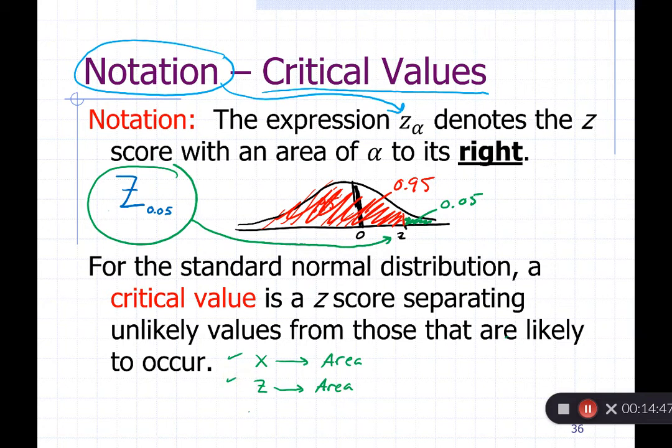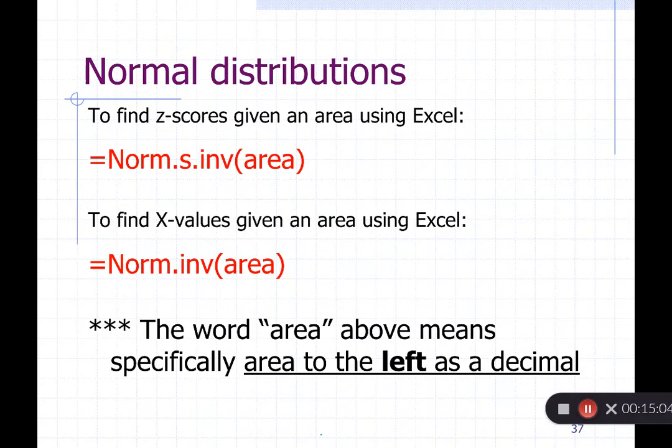But now we're given the area, and we have to find the z-score. And we could also start with the area and find an x value. For that, we will use the inverse. So it's basically the opposite of the distribution function.